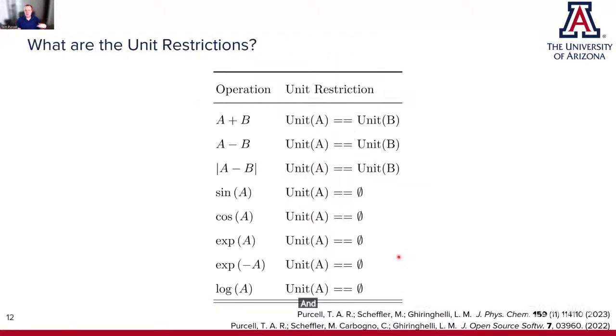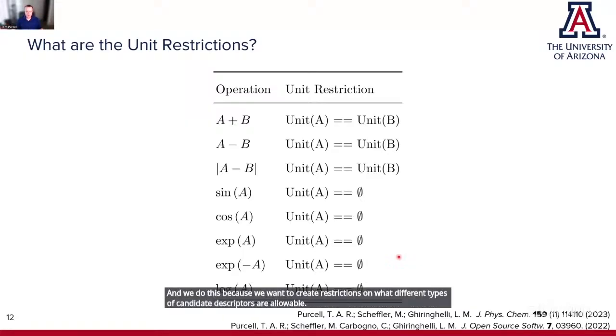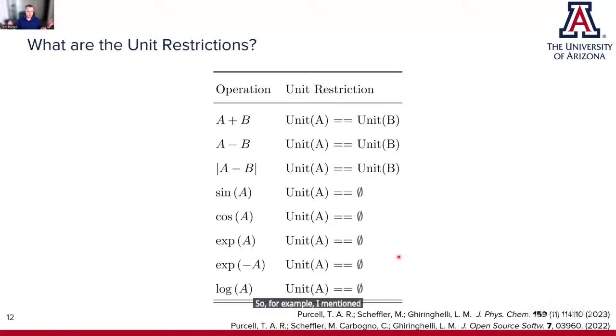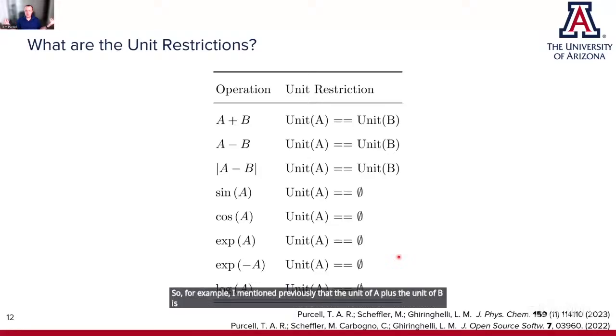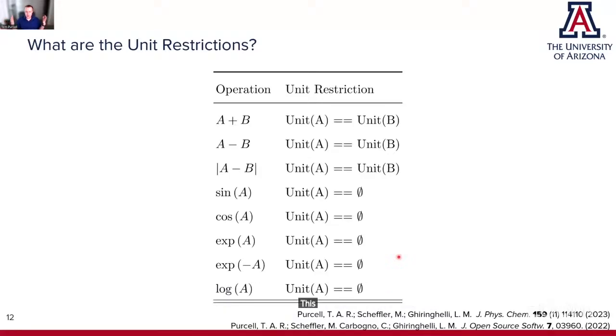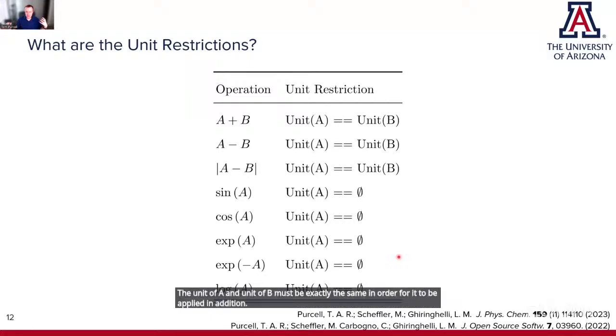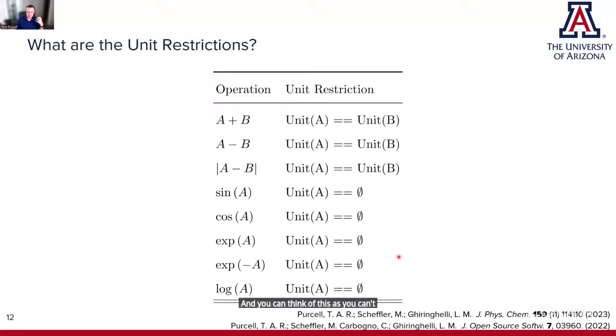And we do this because we want to create restrictions on what different types of candidate descriptors are allowable. So for example, I mentioned previously that the unit of A plus the unit of B is equal to the unit of A. This is because in the code we restrict it such that the unit of A and unit of B must be exactly the same in order for it to be applied in addition. And you can think of this as you can't really take something with dimensions of distance and add it to something with dimensions of time.